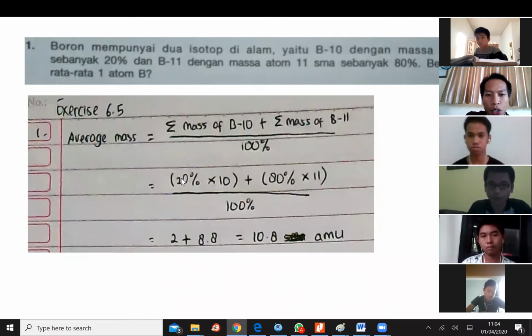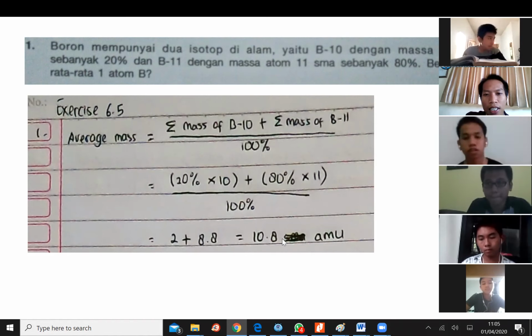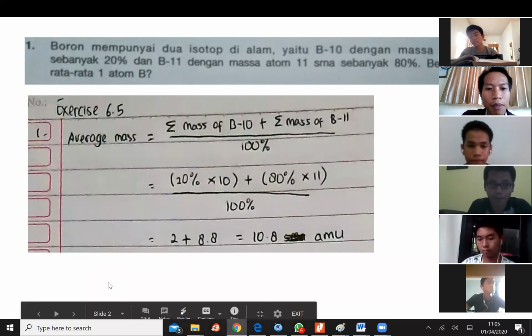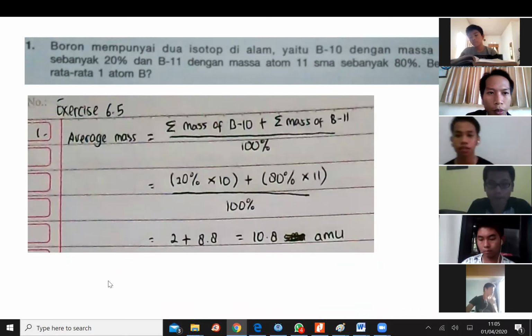So 20% times 10 is 2. 80% times 11 is 8.8. When you sum these two, you will get 10.8 AMU. This is the average mass of the boron atom. It's a very simple mathematical calculation to solve this problem.